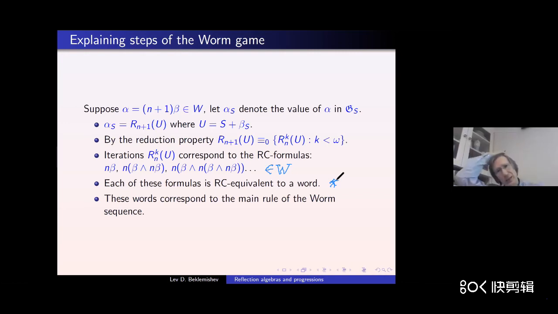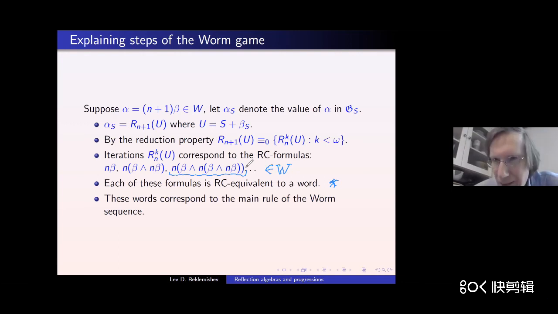Now, it turns out that these words will look precisely like the words in our initial worm game. These are the iterations of the initial part of the worm: if alpha was the worm, then the k-th element from that sequence, for example like this one, will correspond to the three-times iterated worm in the worm game.